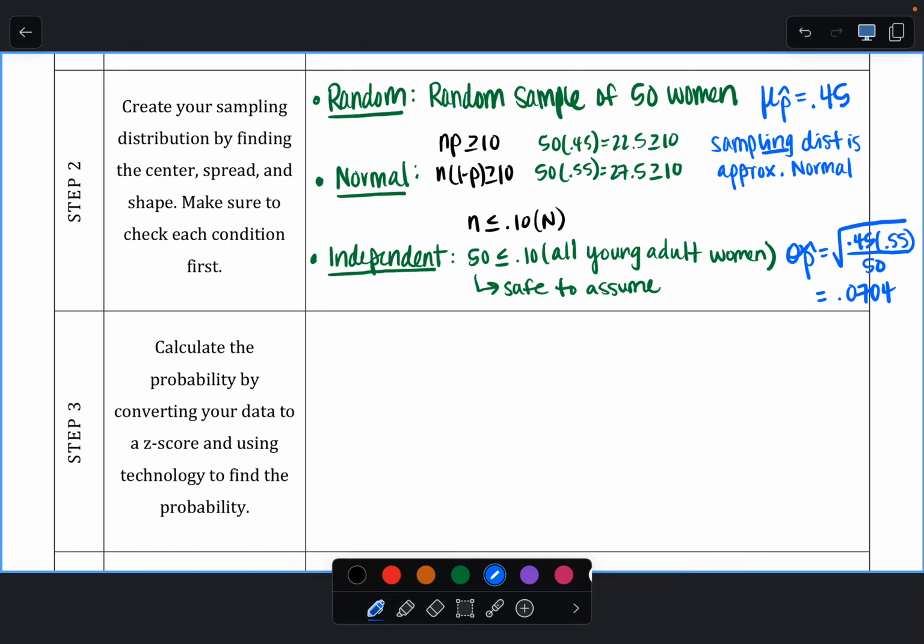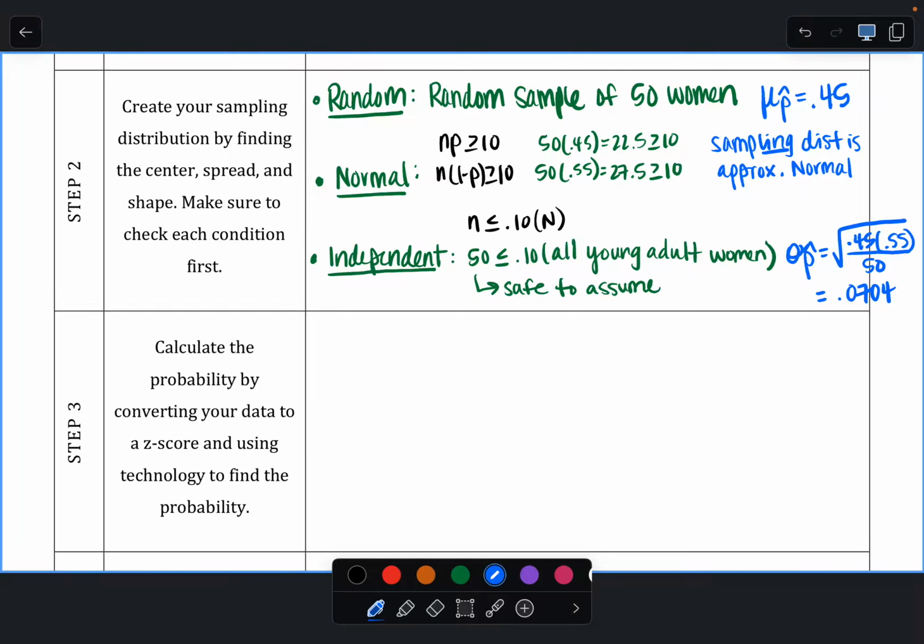The formulas that I'm plugging into are just the formulas that we wrote out prior in those condition checks. Both formulas, the mu of p hat equals p and the standard deviation of p hat equals the square root of 0.45 times 0.55 over n, are on the formula sheet. You don't have to memorize them. They will be there for both one proportion, two proportion, one mean, two mean, all of them.